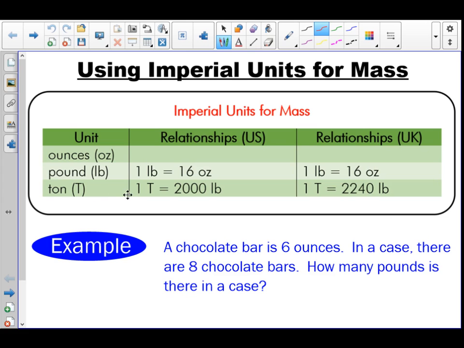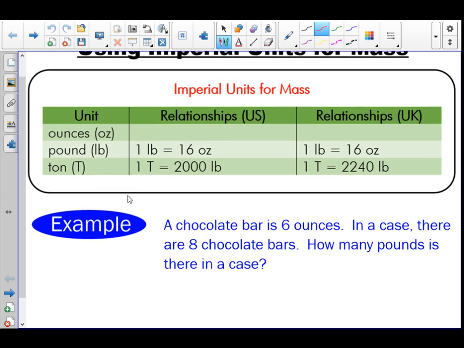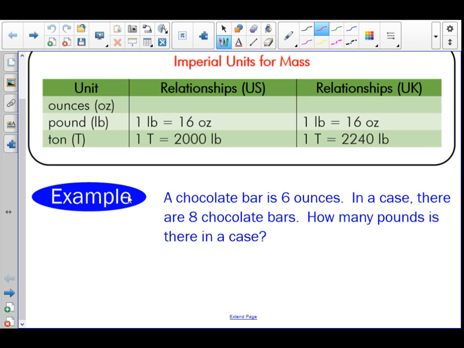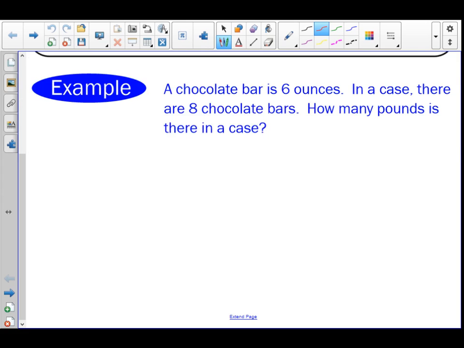So let's take a look at a few examples. First example: a chocolate bar is 6 ounces. In a case, there's 8 chocolate bars. How many pounds are there in a case? First of all, let's find the total ounces in a case. That's 6 ounces times 8 chocolate bars, which gives us 48 ounces.